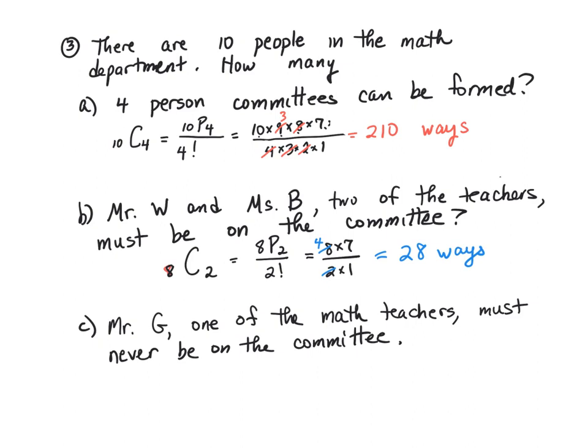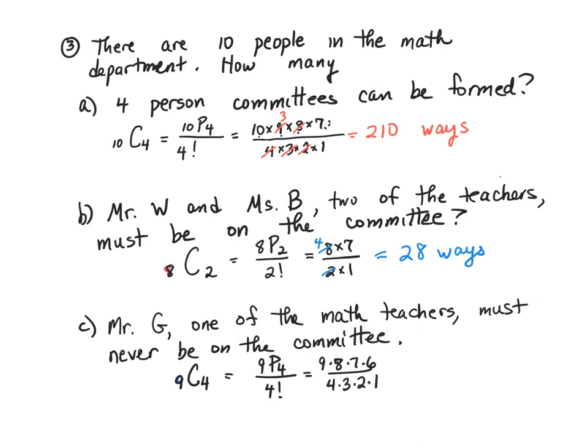Here's an interesting one. Mr. G, who is one of the math teachers, must never be on the committee. Well, if Mr. G can never be on the committee, then we're really choosing a committee of 4 from 9 people. So that's 9 choose 4, and that would be 9P4 over 4 factorial. And if we quickly do this, we have 9 times 8 times 7 times 6 over 4 times 3 times 2 times 1.